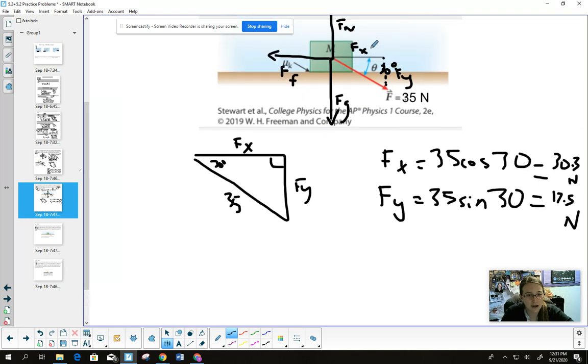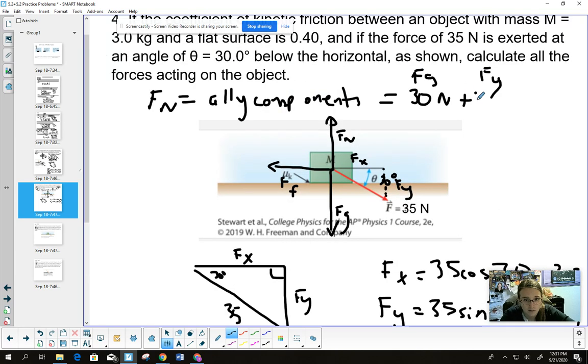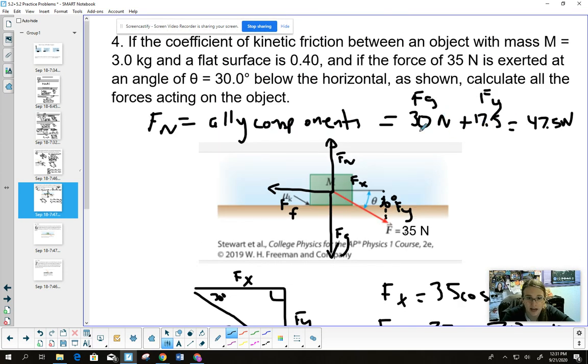Okay, so this is my y component. Again, I'm applying extra force to the ground, so the ground has to act up with greater force. So I'm going to add just my 17.5 here, and this is going to be our normal force, 47.5. So again, looking at our picture here, our force of gravity would be that 30.